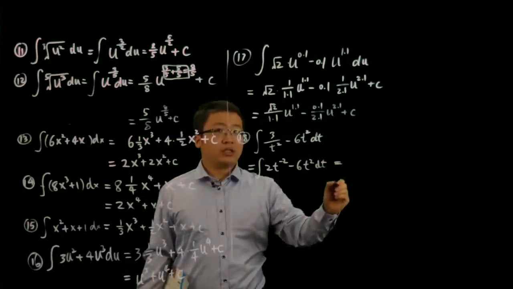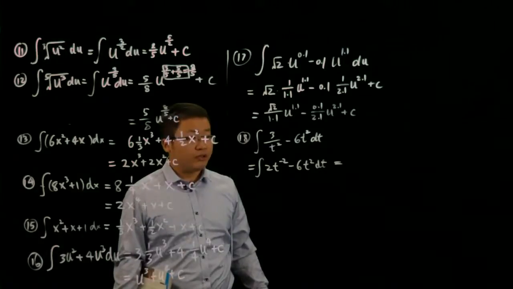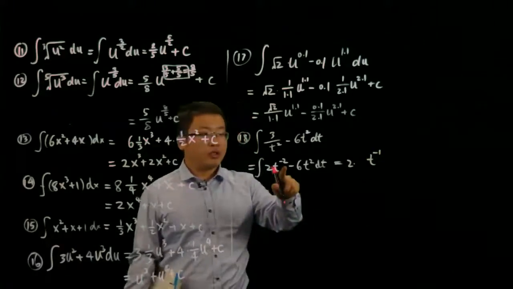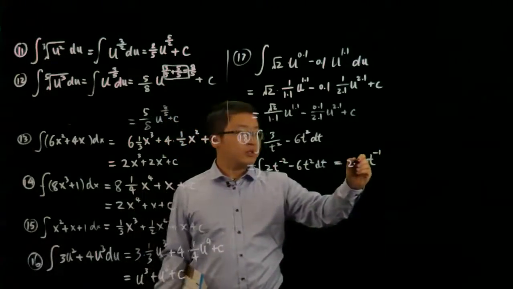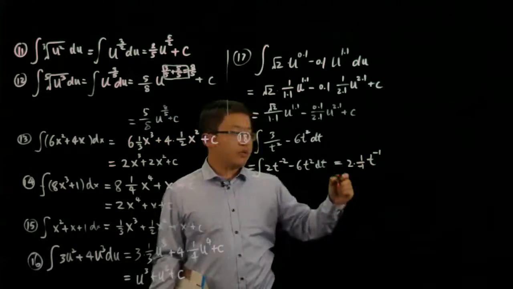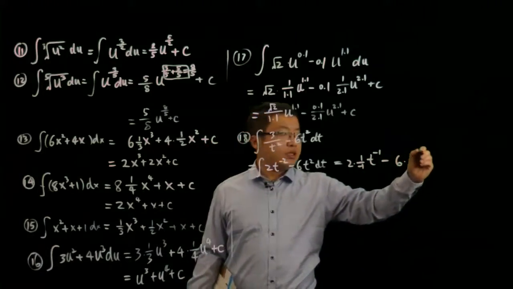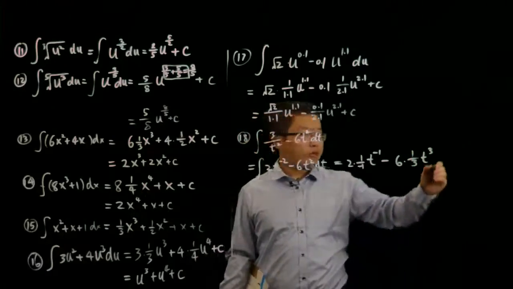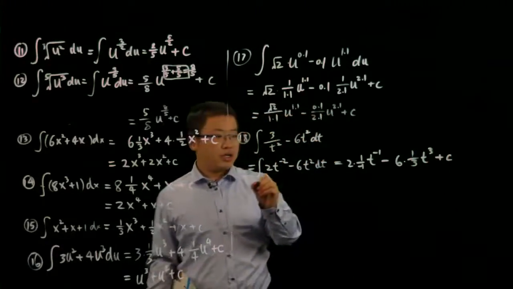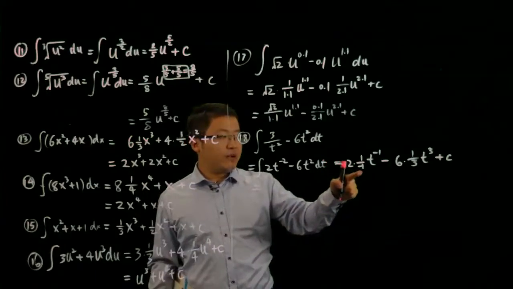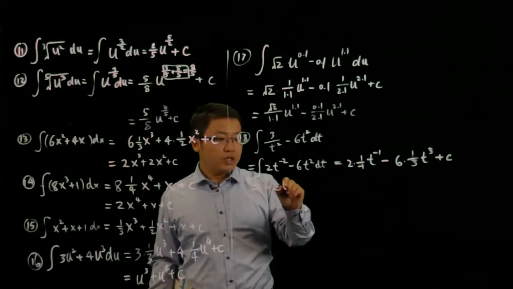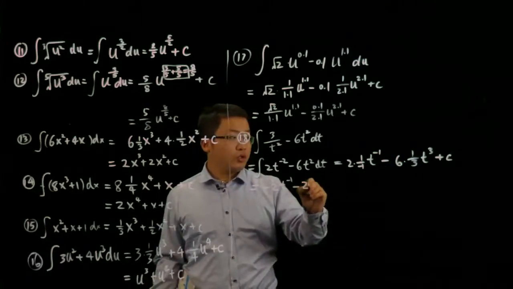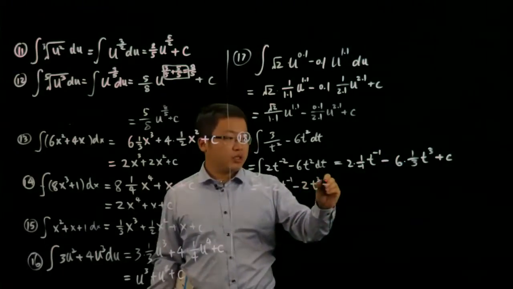Because it's an indefinite integral, it's 3t to the power of negative 1, because you want to increase by 1. Then this is going to be 1 over negative 1 so that it balances, minus 6t to the power of 3, 1 over 3 to balance that 3, plus c. And you will get 3 divided by negative 1, which is just negative 3, t to the negative 1, minus 6 divided by 3, which is 2t to the third, plus c.